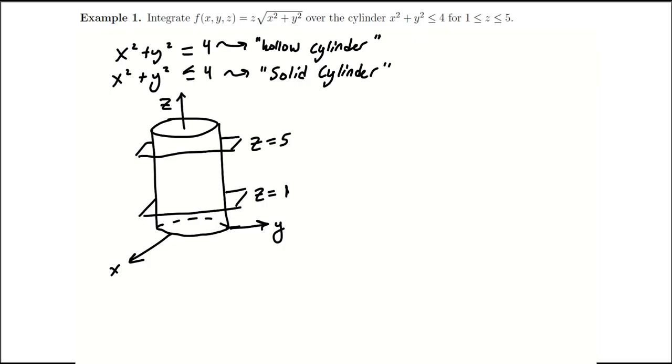We have two different planes that chop this off. Normally this cylinder extends forever, because there's no z in these equations, so z is free to move on forever. As soon as we look at z values between this plane and this plane, we're chopping the cylinder into these bits, and we're getting this little sub-cylinder.